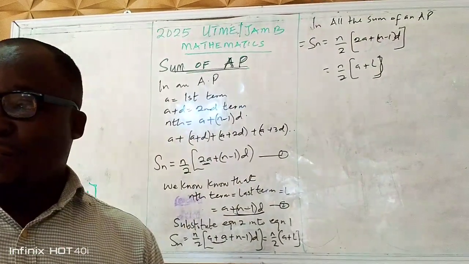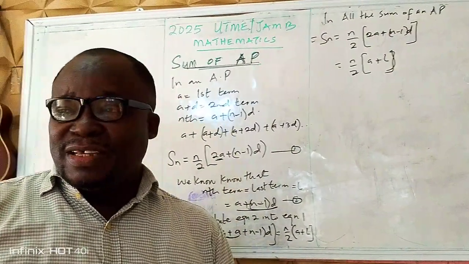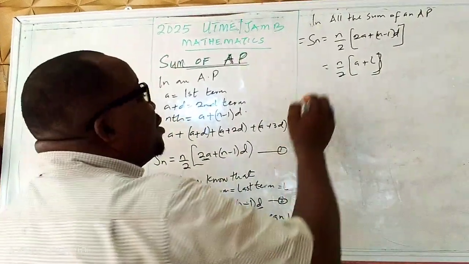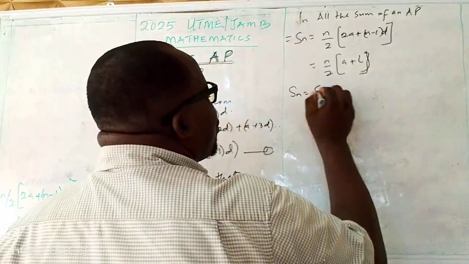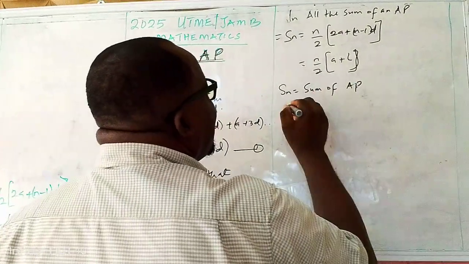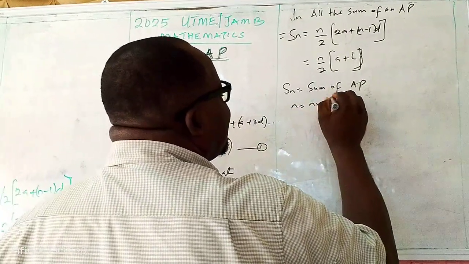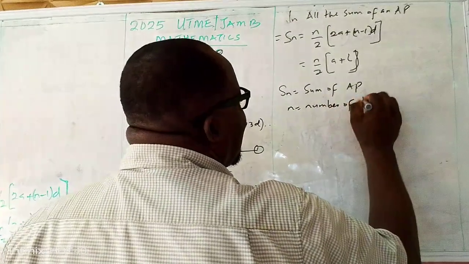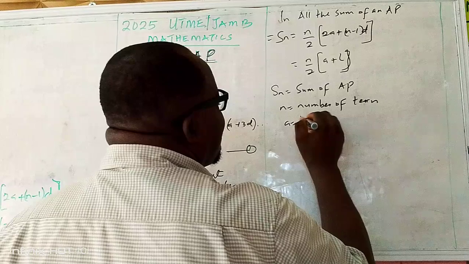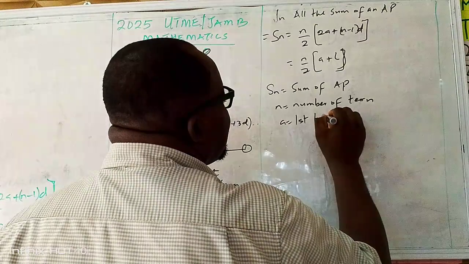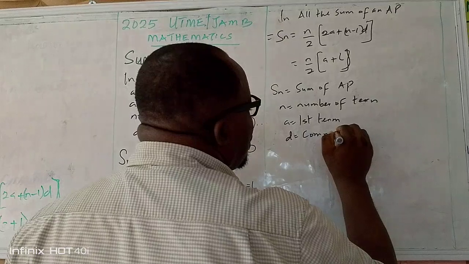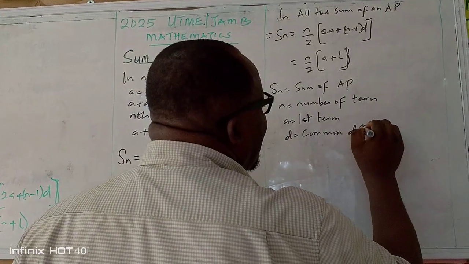So when you are asked the question, find the sum of the first terms of an arithmetic progression, you know that your Sn is equal to the sum of the AP. Your n is the number of terms, your a is the first term, and your d is the common difference.